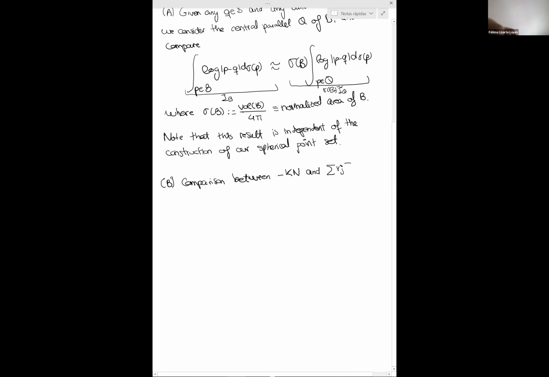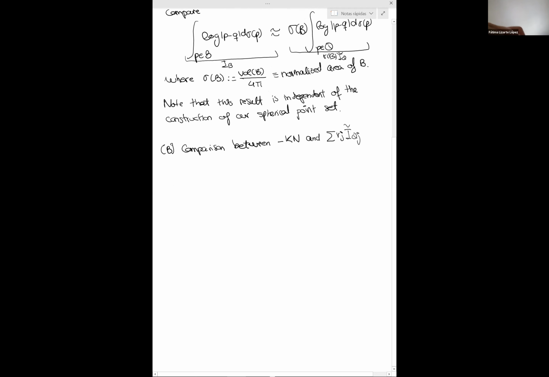And here we compare this term and this sum. Recall that kappa is the continuous energy on the sphere, so minus kappa is this integral.